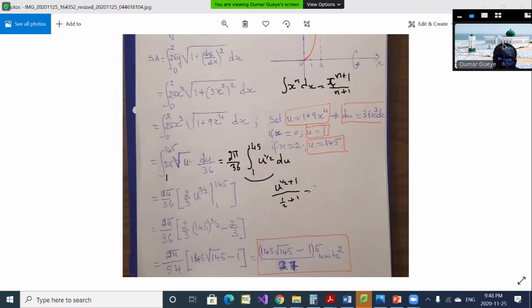Okay, and this is equal to u to the power 3 by 2 over 3 by 2. But dividing by 3 by 2 is exactly equal to multiplying by the inverse of 3 by 2, which is 2 by 3. So 2 by 3 u to the power 3 by 2, and that's exactly what we use here.